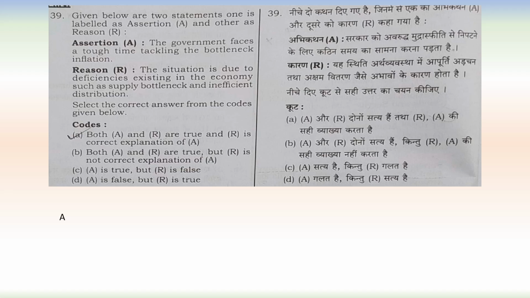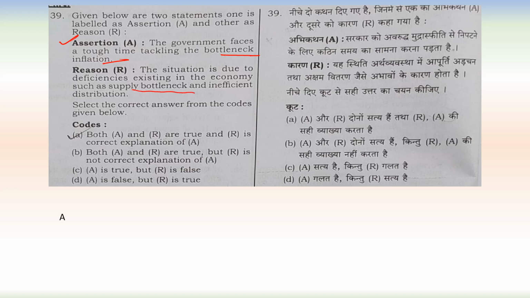Next one, given below are two statements. One is labeled as assertion and the other as reason. Assertion: the government faces a tough time tackling the bottleneck inflation. Yes, this is correct. Tackling inflation is a tough task. Reason: the situation is due to deficiencies existing in the economy, such as supply bottleneck.